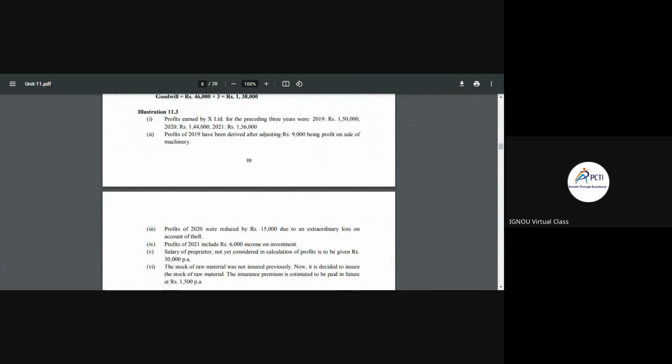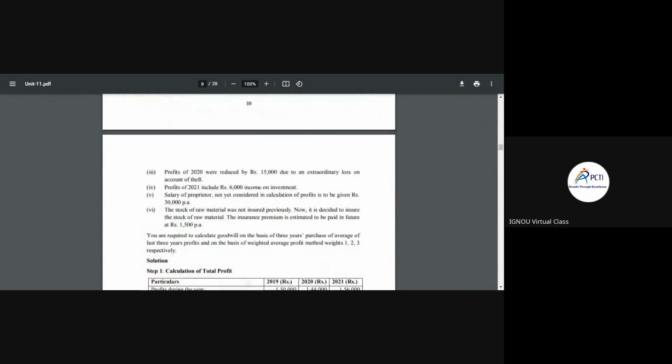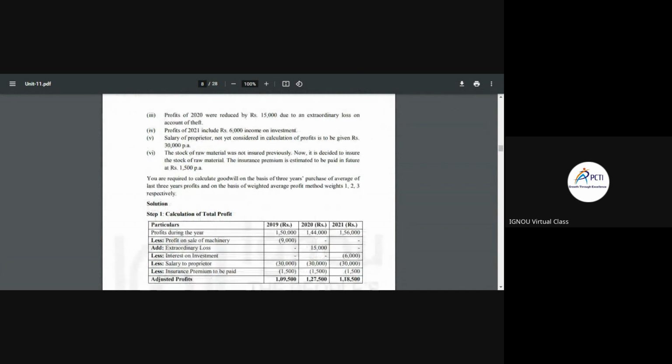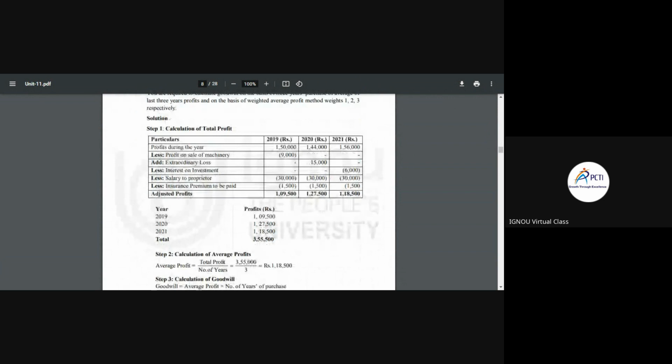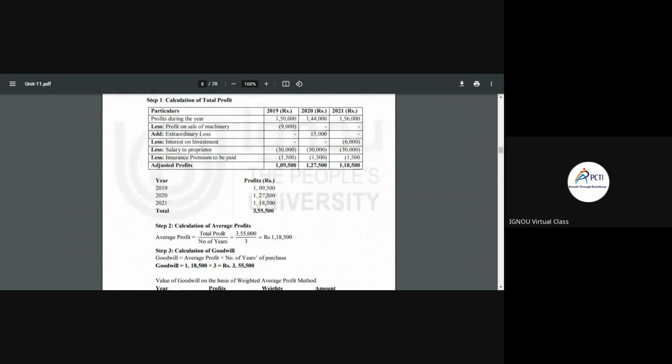The next illustration is also given to us. We need to calculate and we need to adjust like this. So let us discuss the steps involved in calculating this. First of all, calculation of total profit.